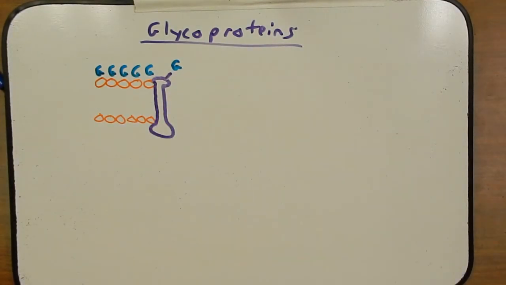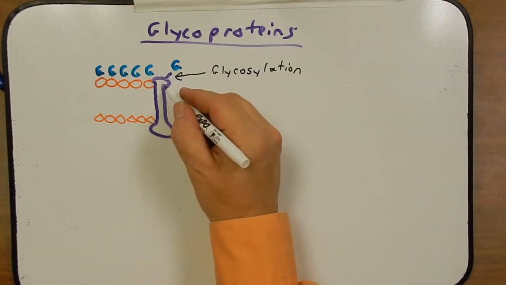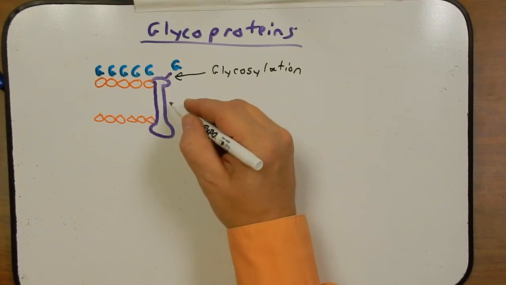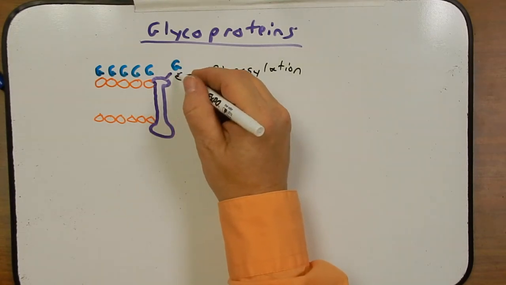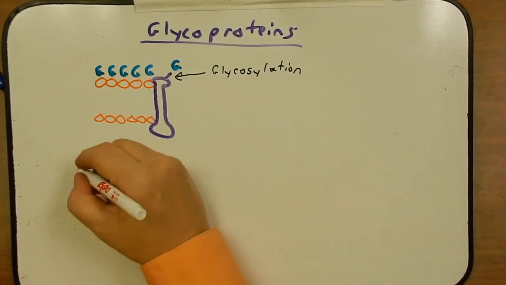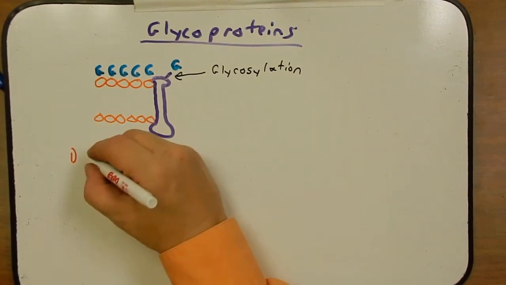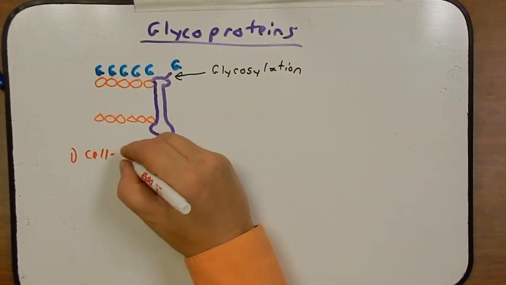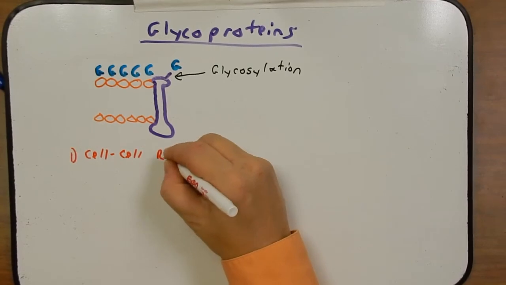Adding these sugars to these structures is a process that we call glycosylation. So a glycoprotein is any protein like this that has attached to it some kind of sugar using a glycosidic bond. So what are the functions of these? Lots of functions, but we'll list a few. The first is their role in cell-to-cell recognition.